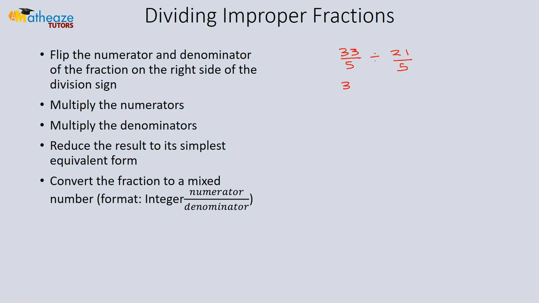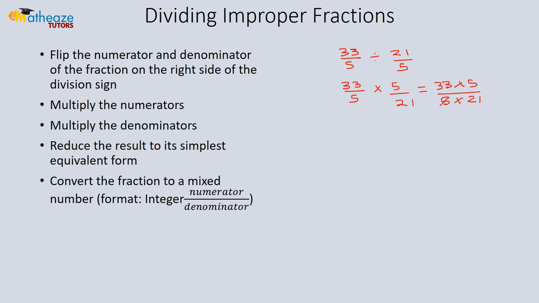We're going to have the fraction on the left hand side. We change this to a multiplication sign, and we're going to flip the fraction on the right hand side. So this is 5 over 21. So now we can multiply the numerators together and the denominators together. So here we can reduce each of these fractions.